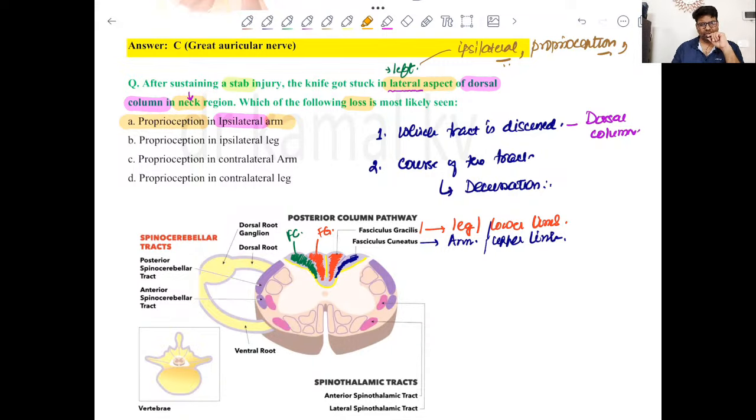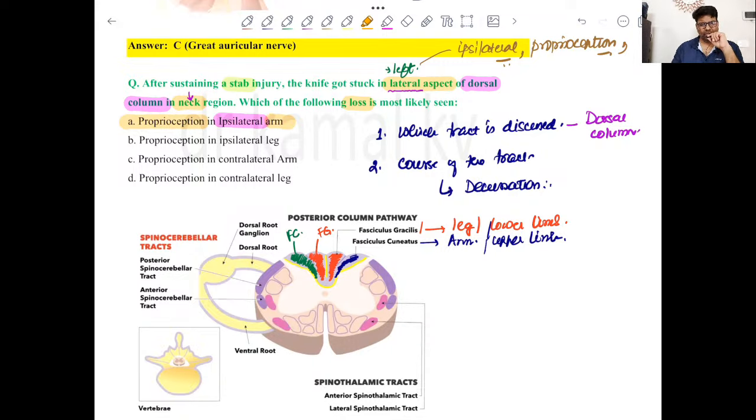The surrounding area is the territory of the superficial peroneal nerve, but this small area in the first dorsal web space is the place where the deep peroneal nerve gives sensory innervation, right? So this is again a very important topic, and many times we have a question from this segment in one way or another. So please remember this much, okay?